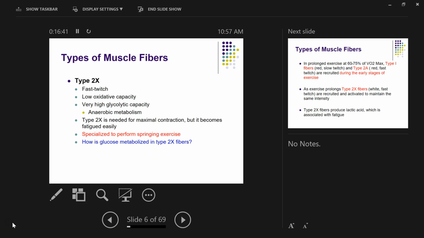So glucose is oxidized only partially, generating lactate. So most of the glucose is partially oxidized to generate lactate. So these 2X fibers are usually related to fatigue. You get fatigued very easily.